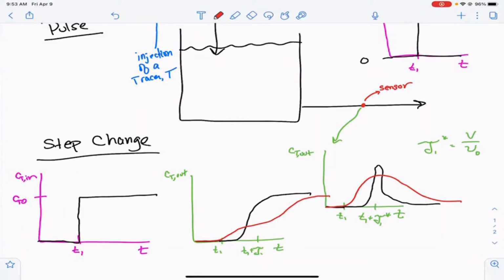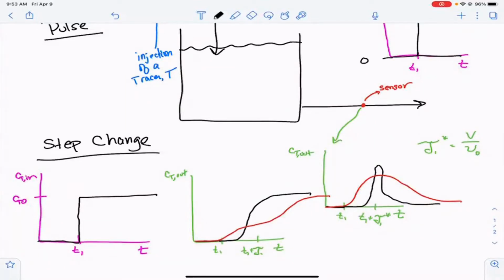And the reason that this would happen is that despite what we've said so far during the course of our semester, there does not exist one residence time. There is not one amount of time that every species spends inside of the reactor.